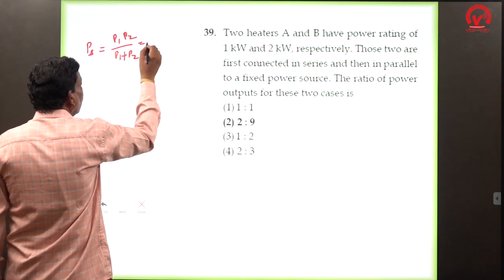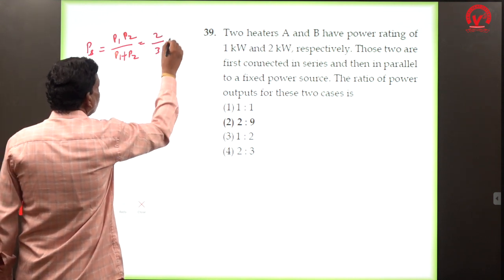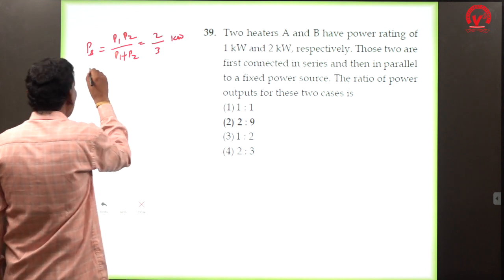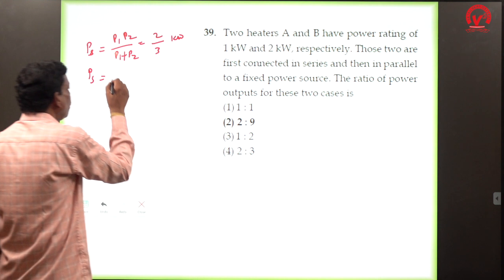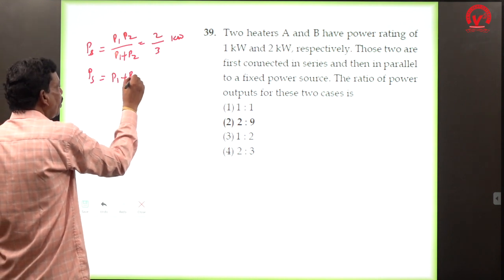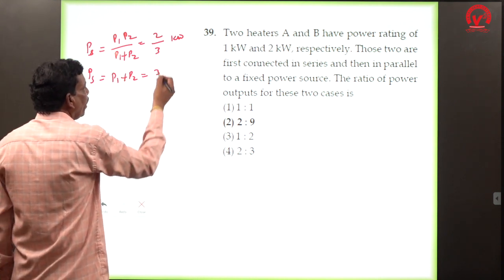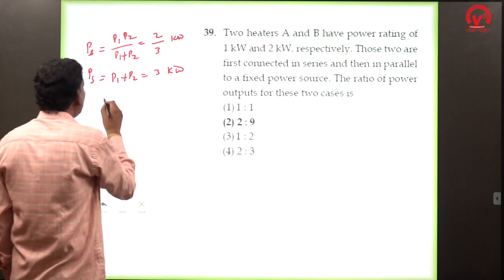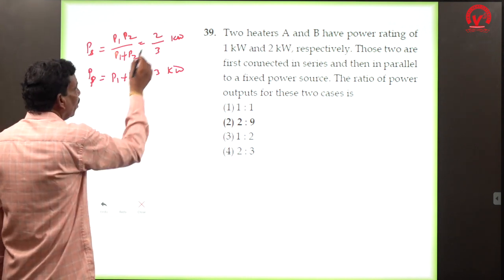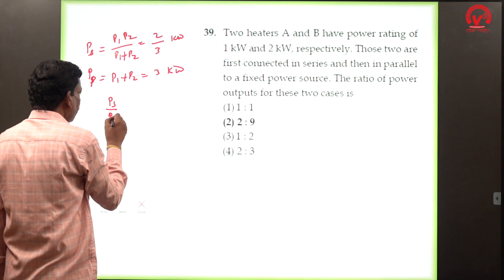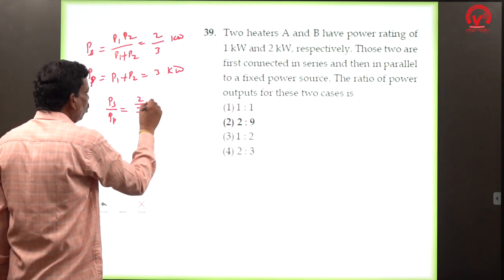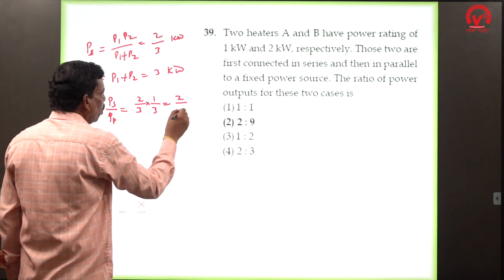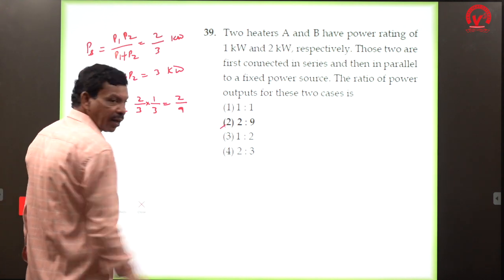This is the formula: 1 into 2 by 3 kilowatt. Then parallel means P1 plus P2, that is 1 plus 2, 3 kilowatt. Now they ask PS by PP. It is 2 by 3 into 1 by 3, that equals 2 by 9, which is the correct answer.